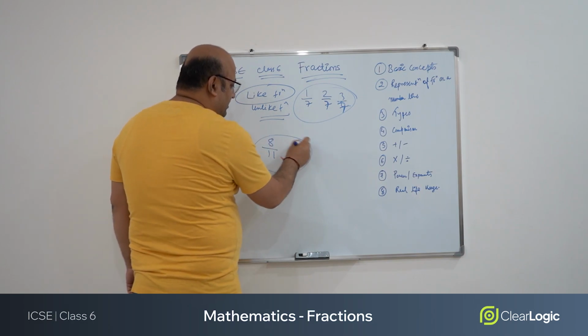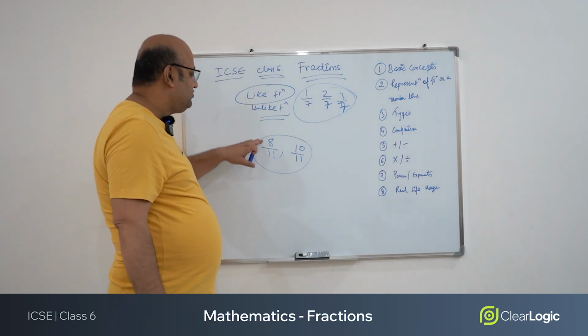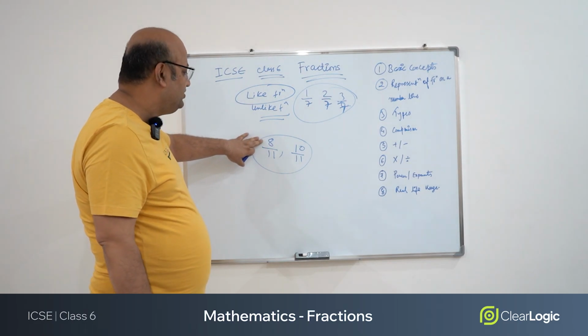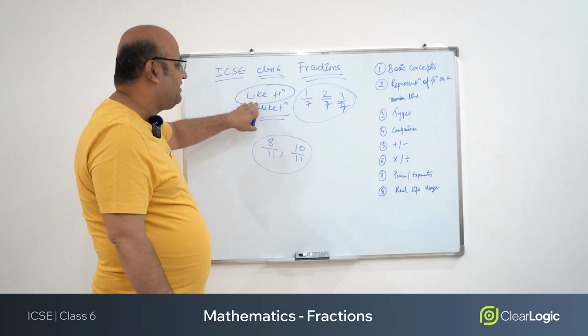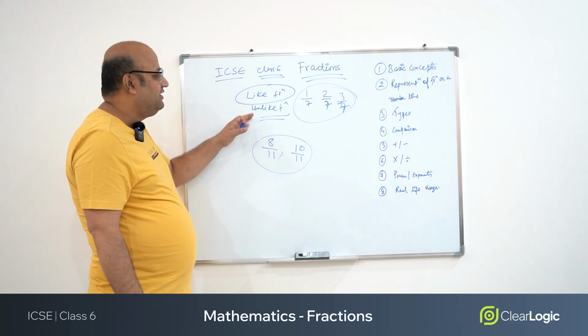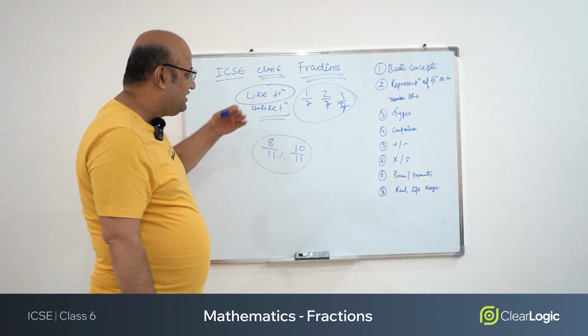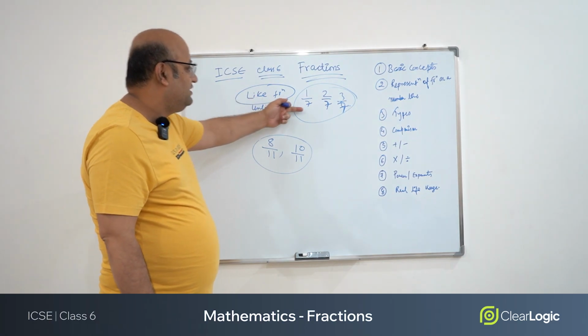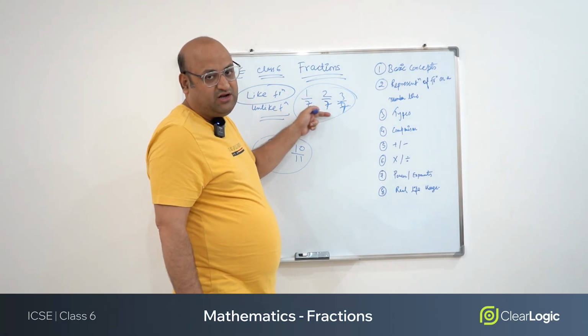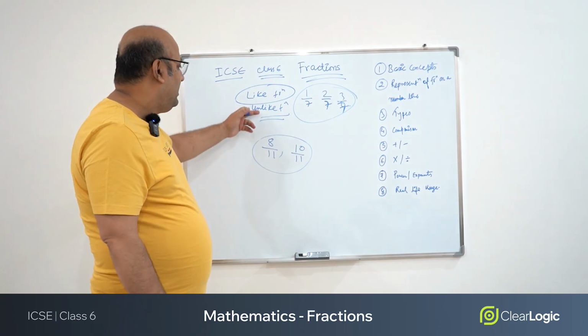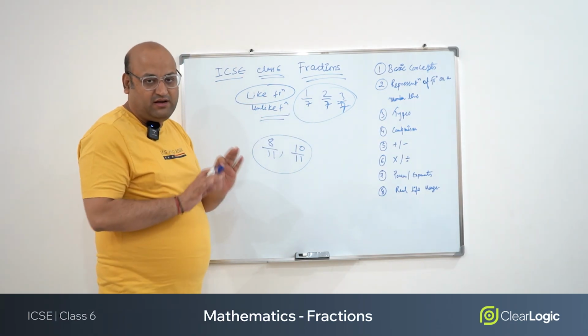So these will be like fractions. Similarly, the numerator can change, but the denominator will remain the same in like fractions. In unlike fractions, obviously, these will not be the same. For the definition purpose, you need to remember: in like fractions the denominators are all similar, and in unlike fractions the denominators are all different.